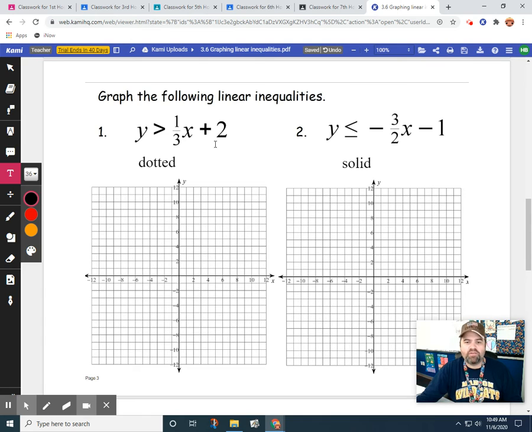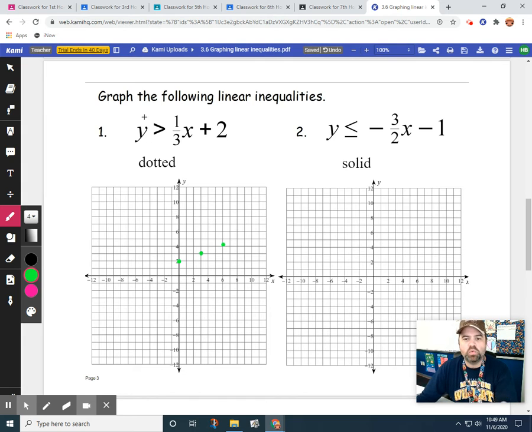The way you graph this is exactly like the lines that we've been graphing. That's why I pulled this in. So I'm going to start at 2. That's my y-intercept. Let me make the lines a little bigger here. I'm going to start at 2, and then count up 1 and 3 to the right to get my next point, and then do it again just for repetition. Now, this is not an equal to situation.